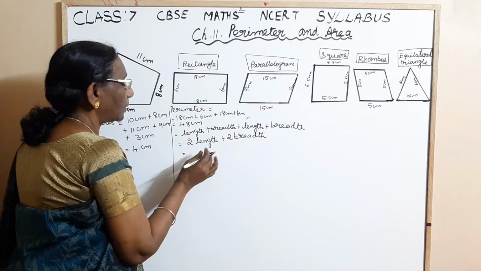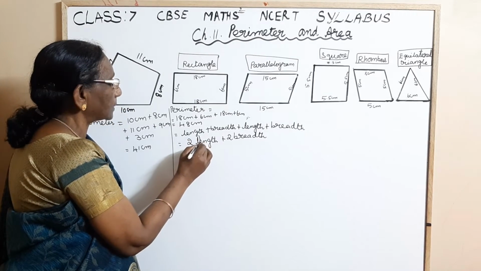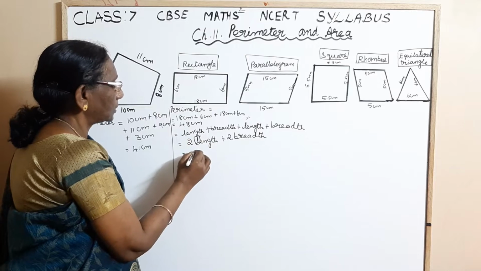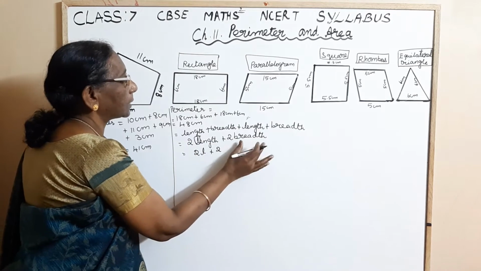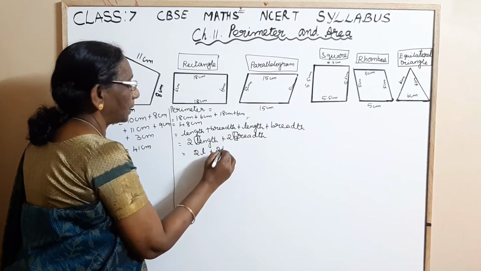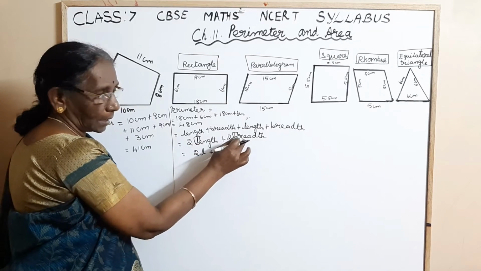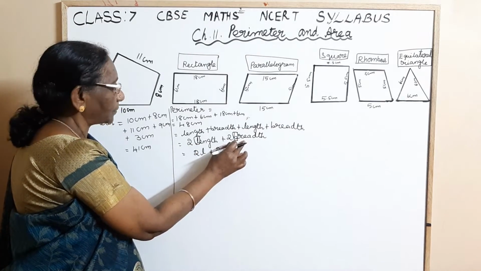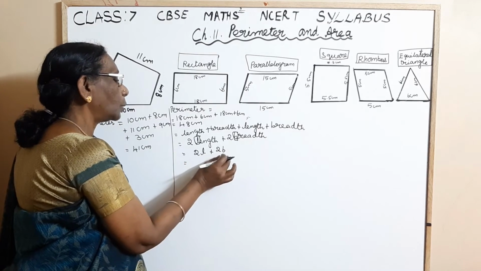Now, instead of writing the long word, let us represent length with the first letter L. 2L plus 2, and instead of writing this long word, let us write the first letter B. L represents the length of the rectangle. B represents the breadth of the rectangle. So here 2L, 2 length plus 2 breadth.